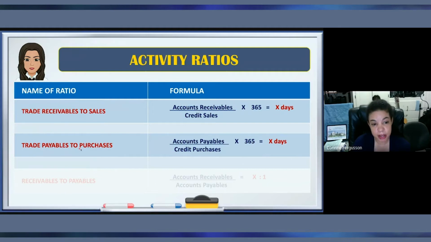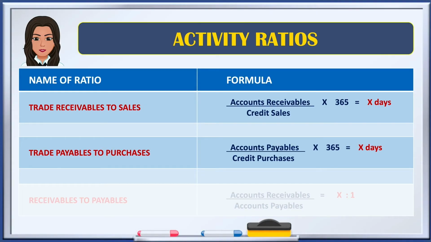Trade payables to purchases, it's in the name, so it will be your payables over your credit purchases, or whatever purchases figure they give you, multiplied by 365 because we're expressing it in days. Whatever answer, just add days to it and you get the full marks.